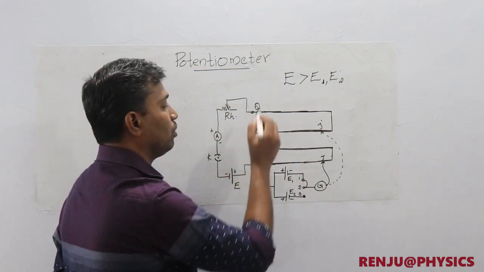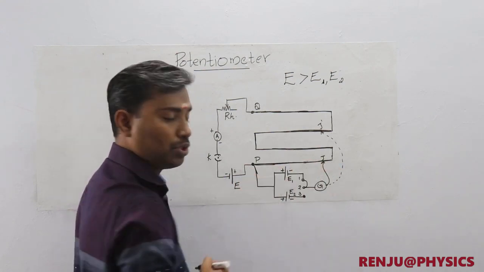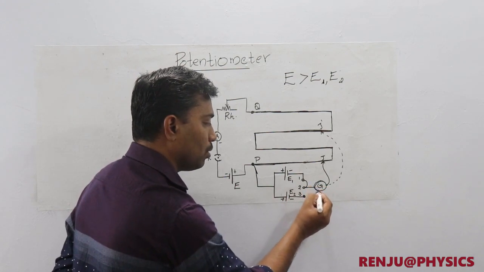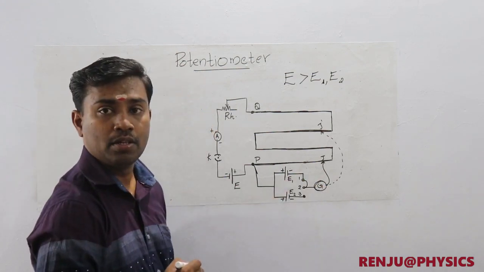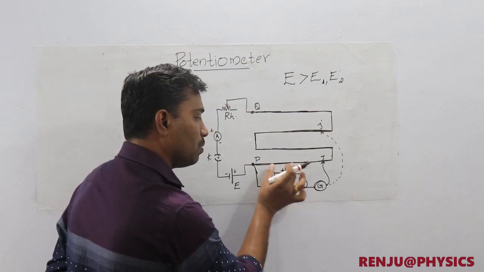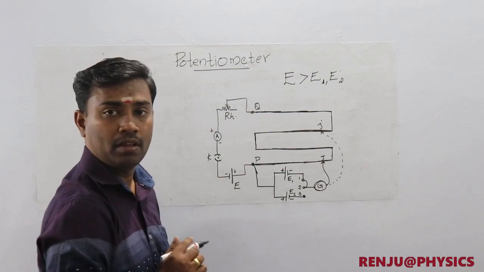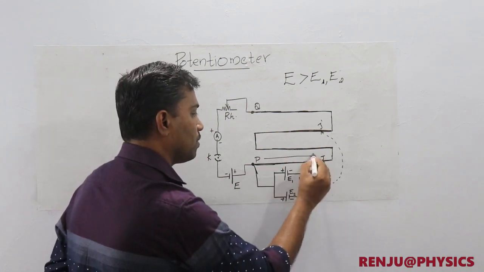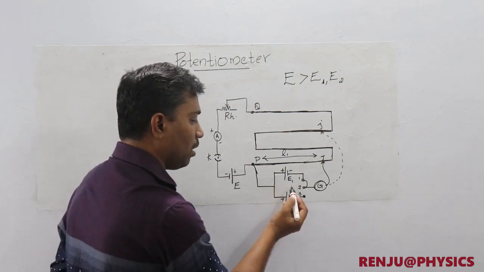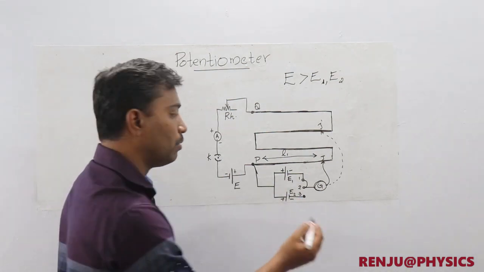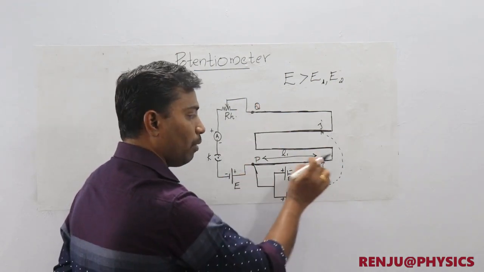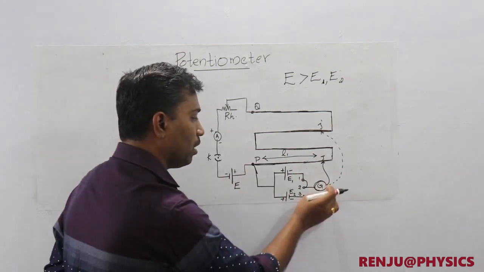That means from P to Q, a point J is reached, and at that time the galvanometer shows zero deflection. That means the potential across E1 is balanced by this length. We consider this length L1, so L1 is the balancing length for E1.